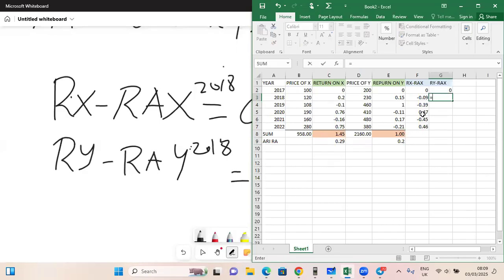Equal to the return on asset Y minus, let me cell reference, minus the arithmetic return of asset Y. Let me cell reference it. This is the first one, like what we just solved.